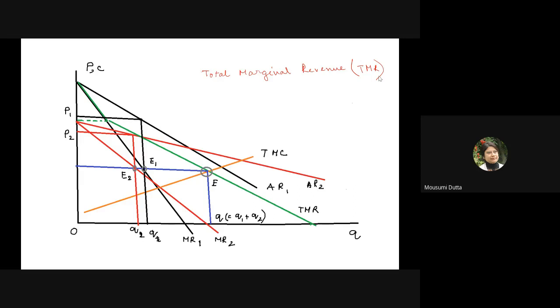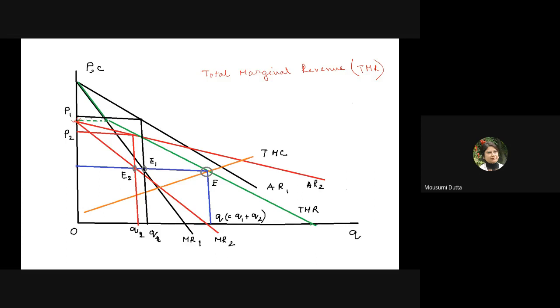Horizontally summing MR1 and MR2, we will generate TMR, the total marginal revenue curve. Now look, for this portion, this is MR1. And this is MR2. For MR2, this is the starting point, because AR2 is starting from this point, so MR2 is also starting from this point.